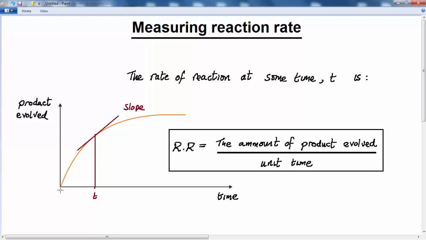Okay, so just looking at this graph, you can see that as time progresses, the slope of the graph initially starts off quite steeply. Okay, so there the reaction is going quite quickly, and then gradually the slope gets less and less, so the rate of the reaction gradually decreases.